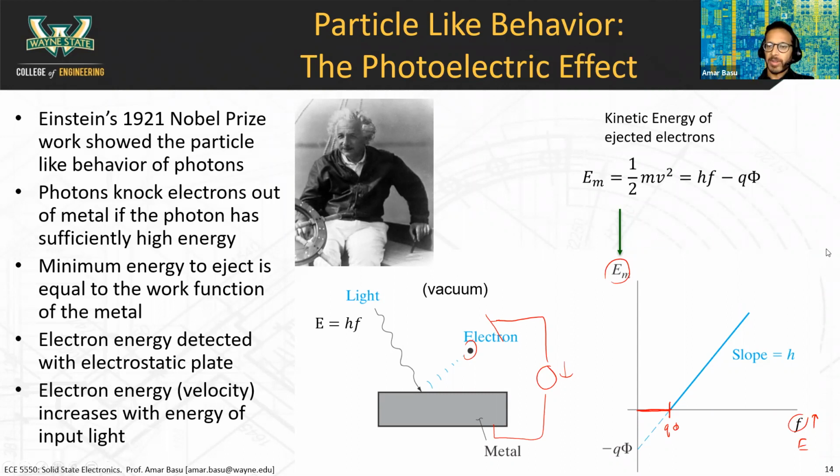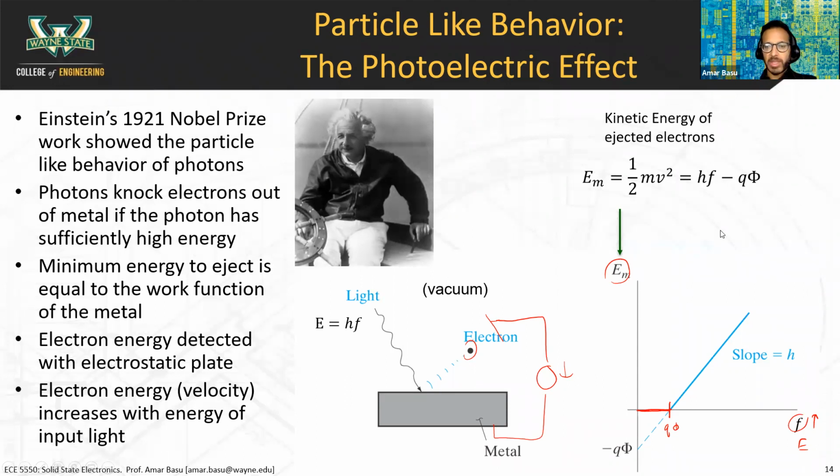That's one way to think about it. Specifically, this equation: the kinetic energy of the electrons, 1/2 mv squared, is equal to hf minus q phi. hf is Planck's constant times the frequency of the photon coming in, minus q times phi, where phi is the work function of the metal.